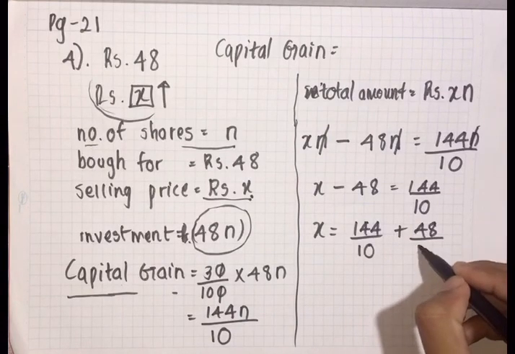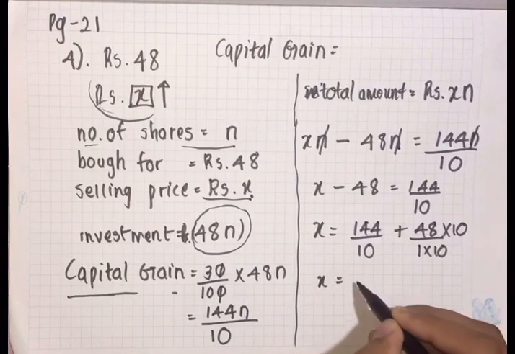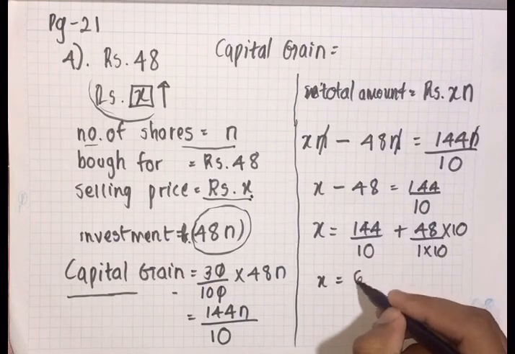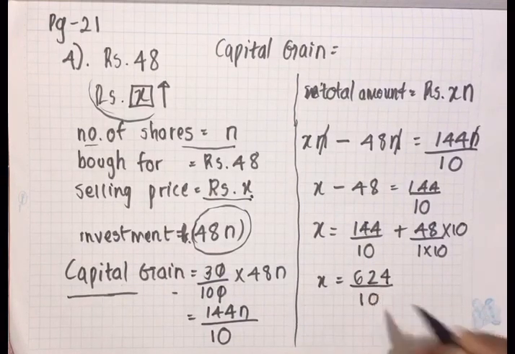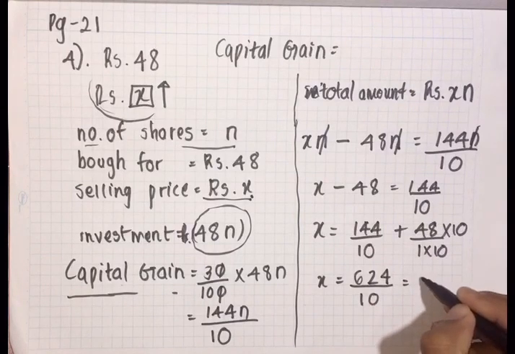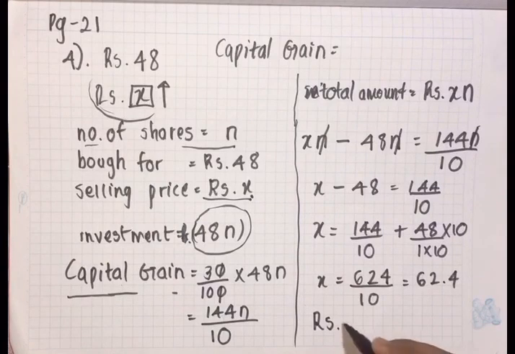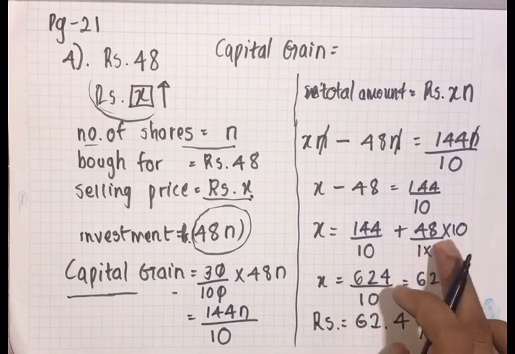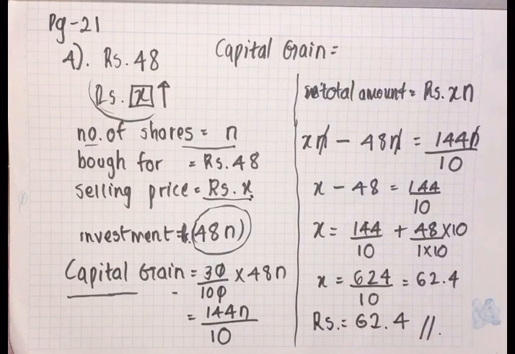Since there is a denominator 10, you multiply by 10. That gives 480 plus 144, which is 624, so 62.4. Therefore, the selling price of a share is 62.4 rupees. Check these calculations. Is that clear?